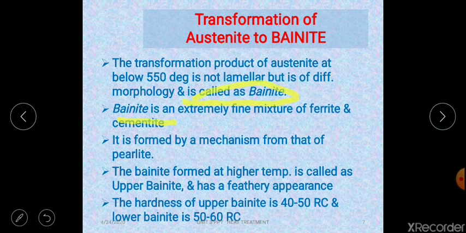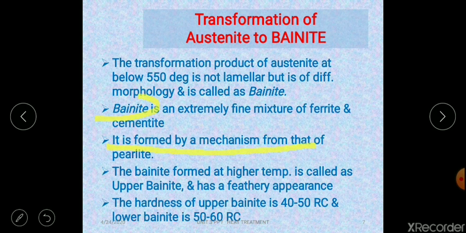It is an extremely fine mixture of ferrite and cementite. If you go into detail in magnification of the bainite crystal structure, the same plates of cementite and alpha ferrite are there, only the formation of bainite will start with the ferrite plate. In case of pearlite, initially the cementite plate was formed, but in case of bainite, initially alpha ferrite will deposit, and then beside that we get an acicular structure of cementite.